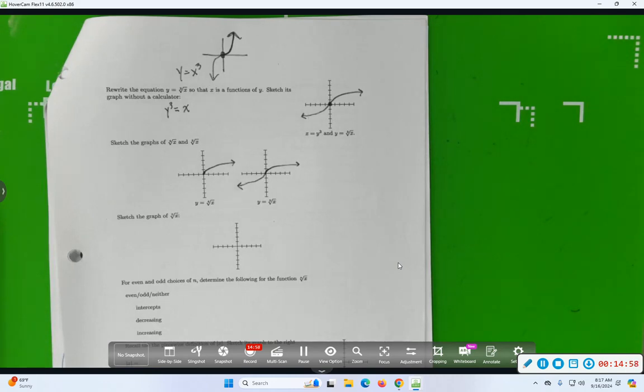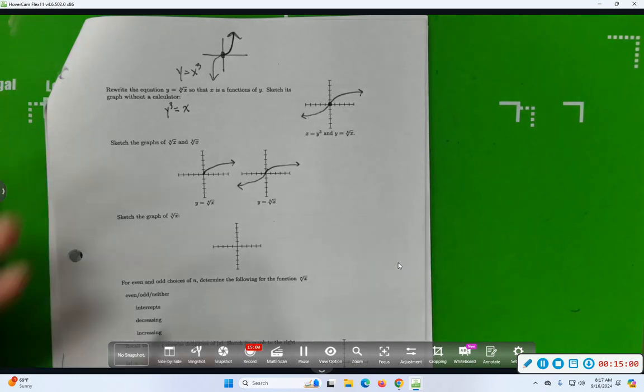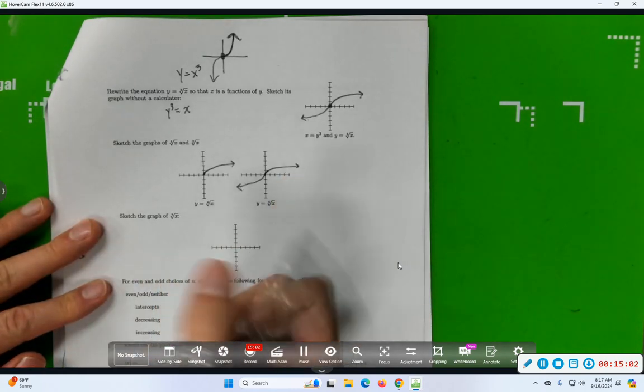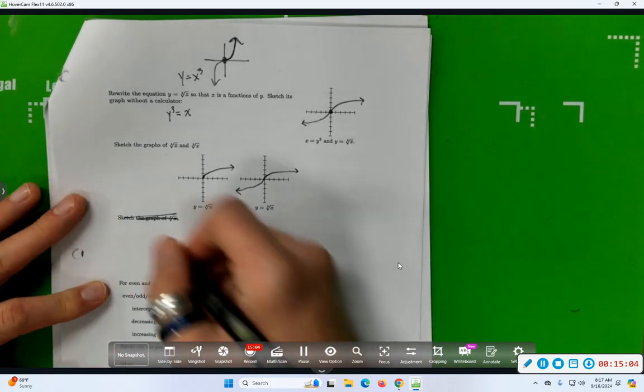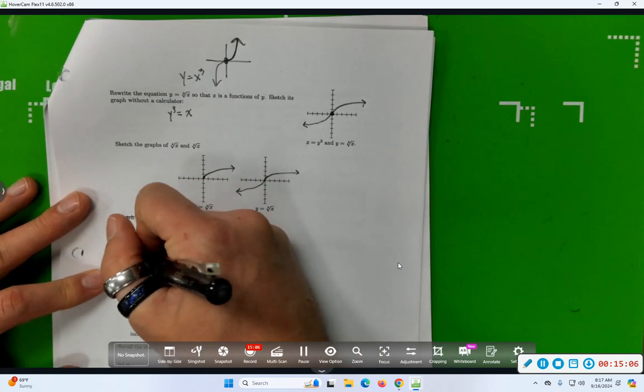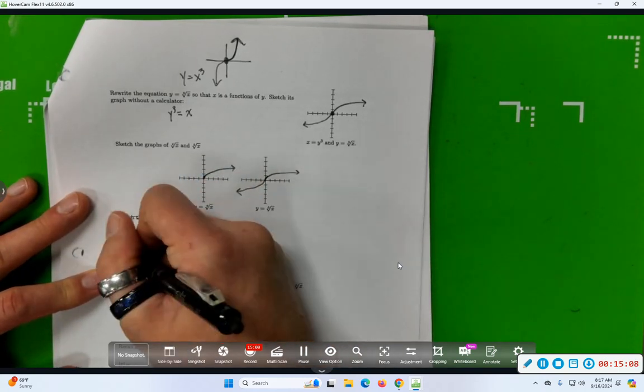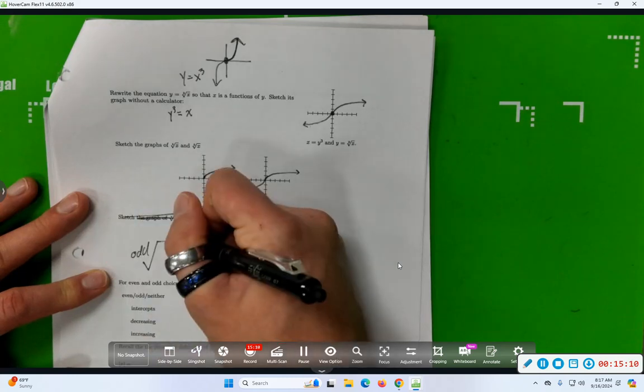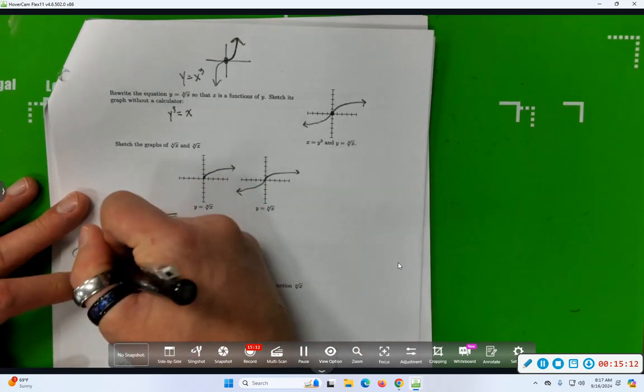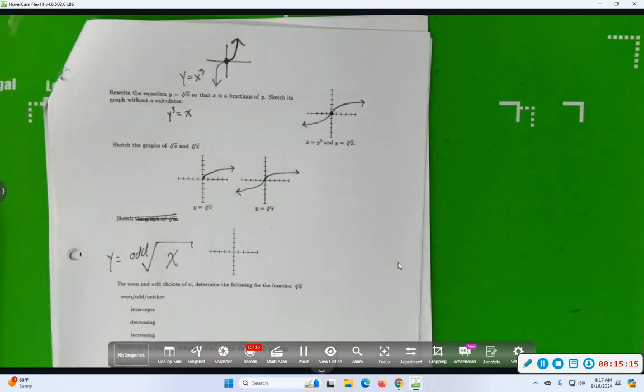Whenever you want, in fact, let's redesign this exercise just a bit. If you want an odd root function, take the nth root of x where n is any odd number.